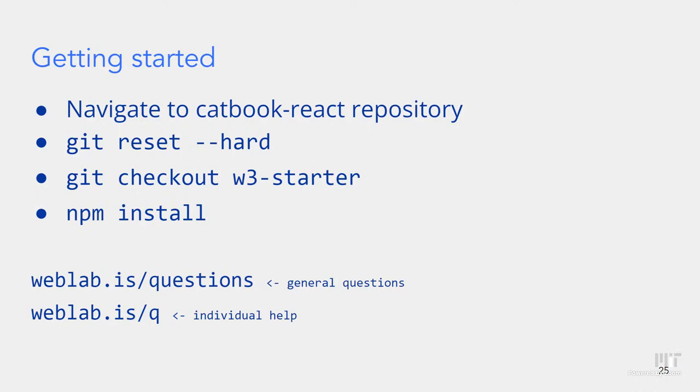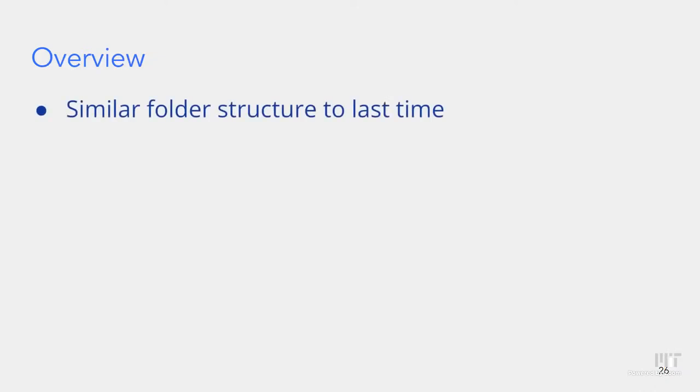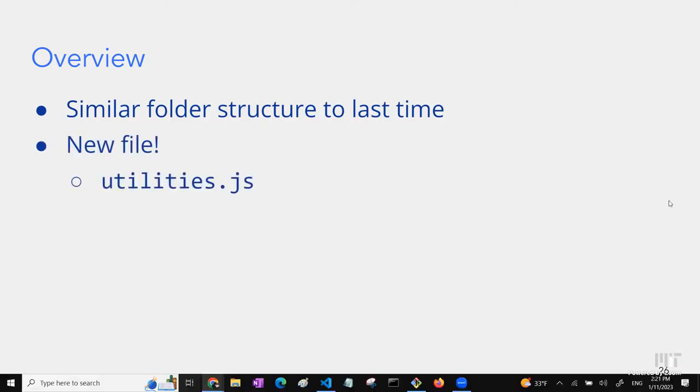Okay. So if you look into our repo, you can see that it has a similar folder structure to Workshop 2's folder structure, except there's a new file, which is utilities.js.